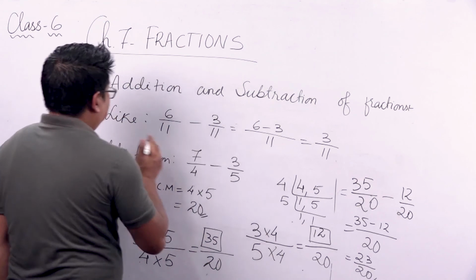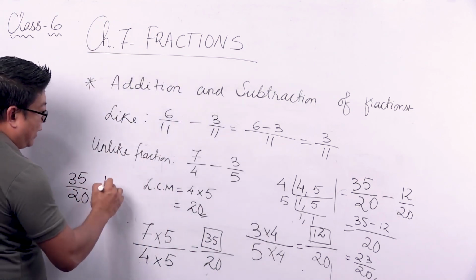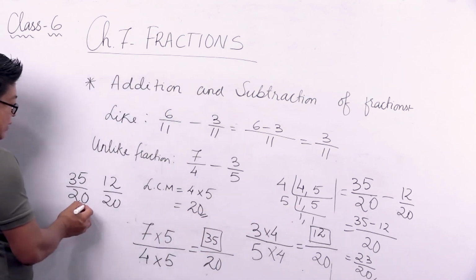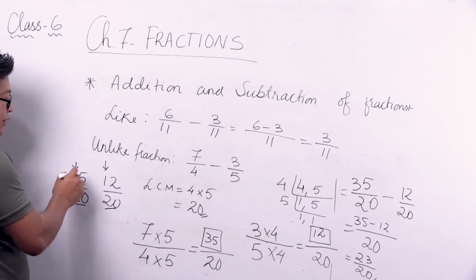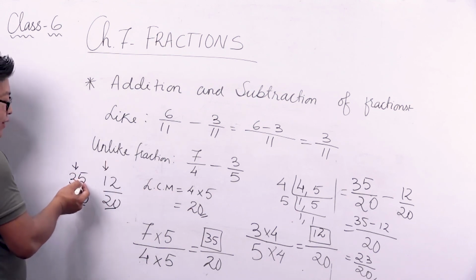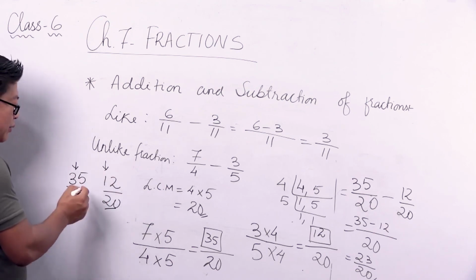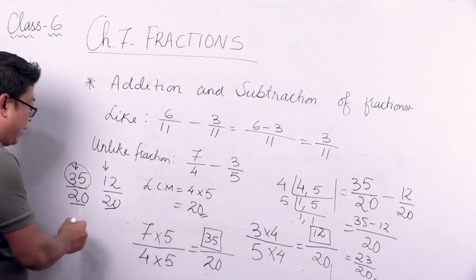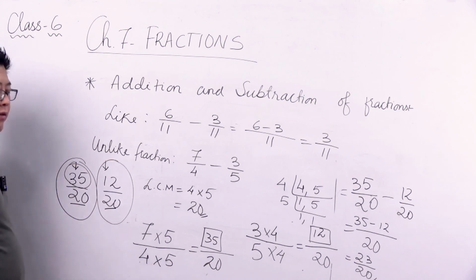We have converted them, so we just compare the first numerator and the second numerator. The first numerator is 35. The second is 12. So we can conclude that 35 is bigger than 12. Therefore, 35 by 20 is bigger than 12 by 20.